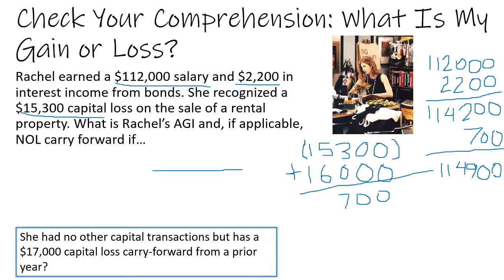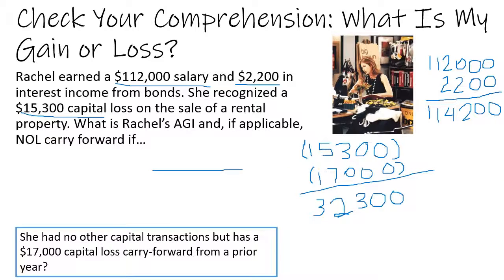Finally, if Rachel had no other capital transactions, but has a $17,000 capital loss carry forward from a prior year. In this unfortunate scenario, the net operating loss from the prior year is netted against the $15,300 capital loss that Rachel incurs this year, for a total net operating loss of $32,300.